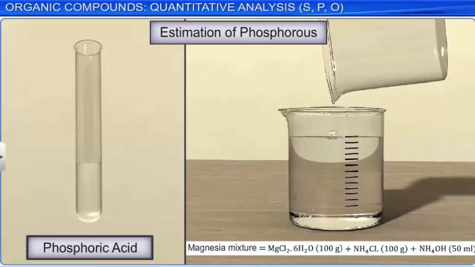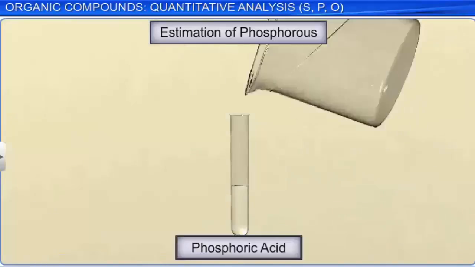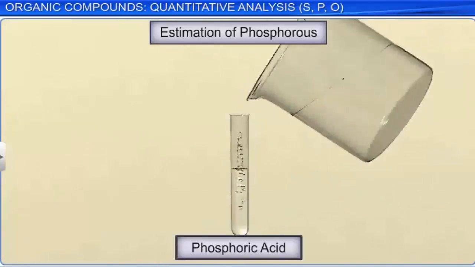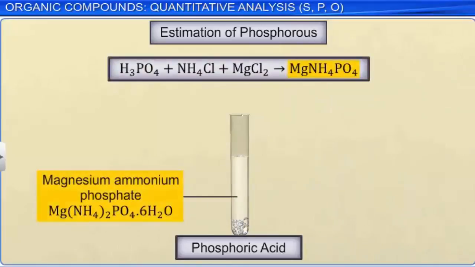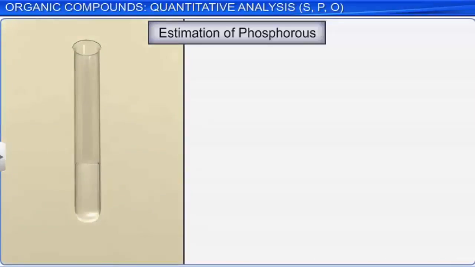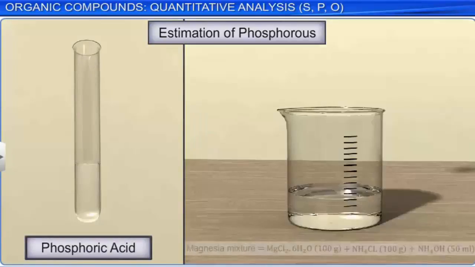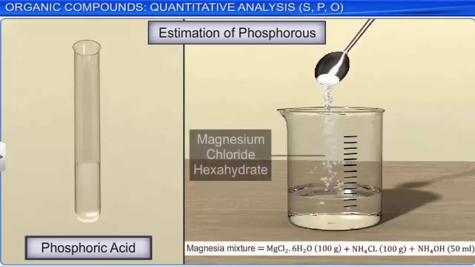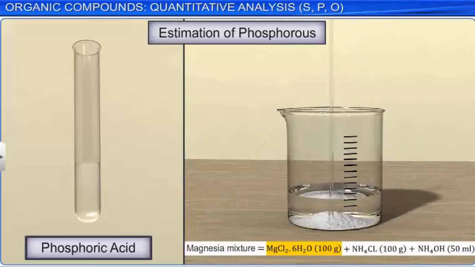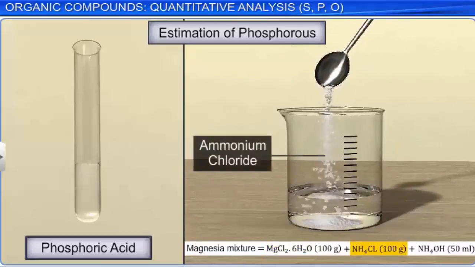On adding magnesia mixture to phosphoric acid, a precipitate of magnesium ammonium phosphate is formed. This precipitate is filtered, washed, dried, and then ignited to produce magnesium pyrophosphate. From the weight of magnesium pyrophosphate, the weight of phosphorus can be estimated.